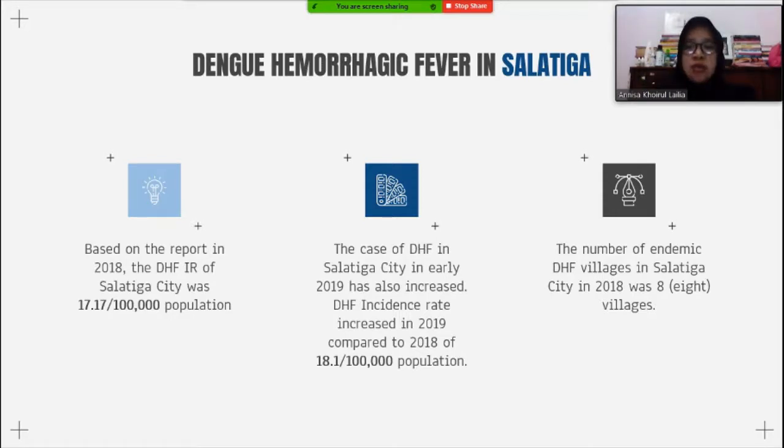Based on the report in 2018, the DHF incident rate of Salatiga city was 17.17 per 100,000 population, and the cases increased in early 2019, becoming 18.1 per 100,000 population, and there are 8 villages that are endemic for DHF in Salatiga.